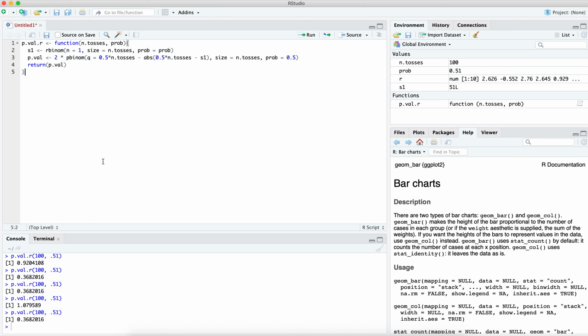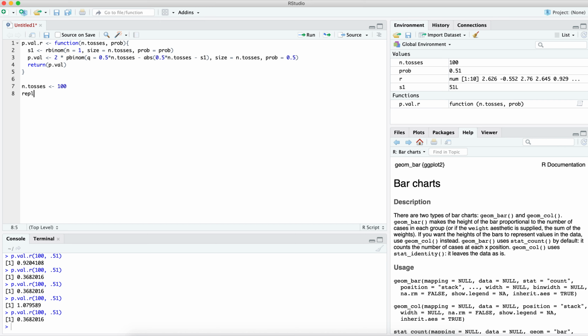Okay. So now what we want to do is say, okay, for different numbers, let's first say that n tosses is 100, right? And then maybe we want to know how often, for n tosses equals 100, the p-value would be smaller than 5%, right?